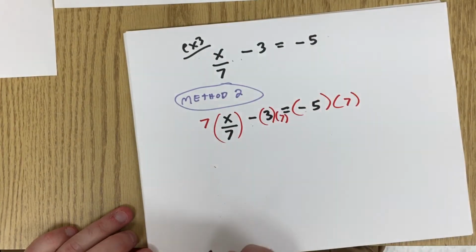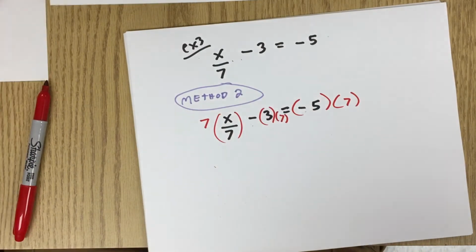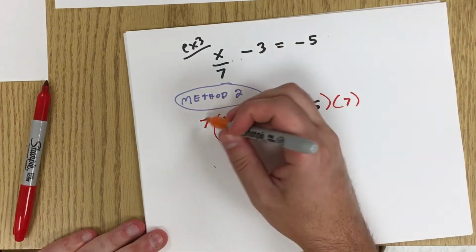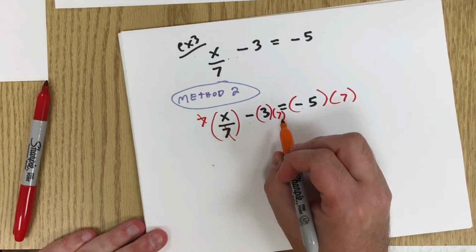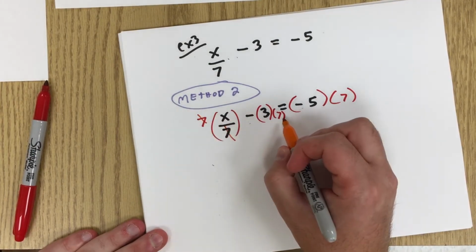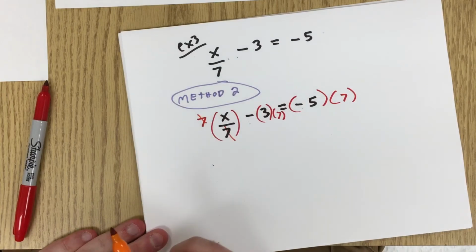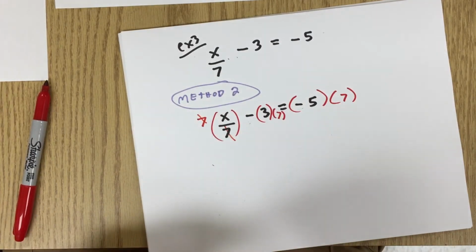So 3 of these things are going to be multiplied by 7. What's especially tricky is that these 7s cancel, but this 7 does not. So only some of the 7s on the left cancel.